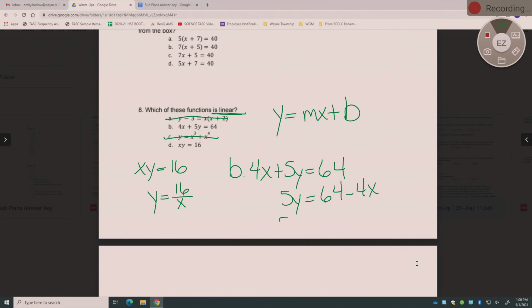Or I can shift it around, 5y equals minus 4x plus 64. So I have my y and my x times another number, and my number without any variables. And so B is the answer.